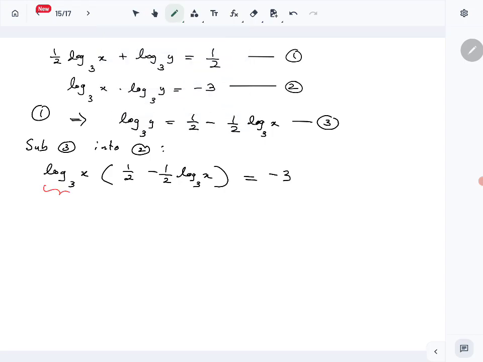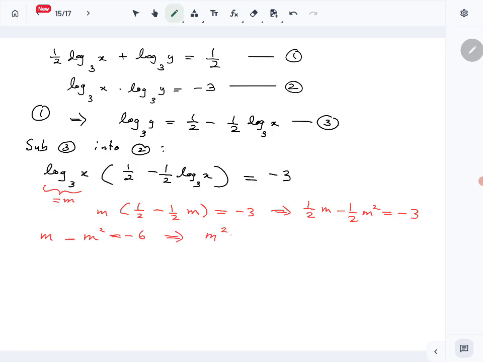So let me just take log base 3 of x as m. So then this turns into what? M times half minus half m equals minus 3. So then half m minus half m squared equals minus 3. Then multiply by 2, m minus m squared equals minus 6.